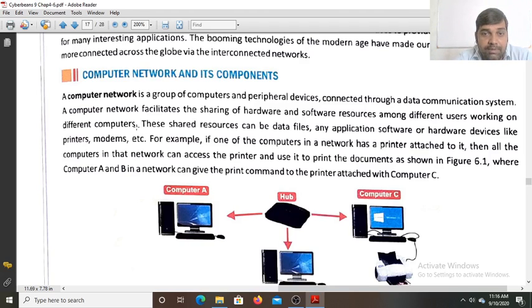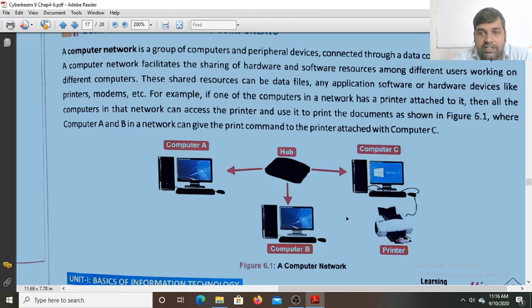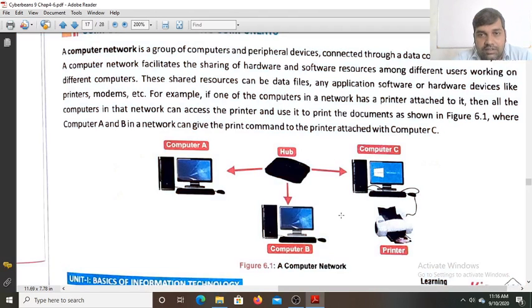So a network is capable of sharing hardware also. Suppose, as you can see here, three computers are connected with one hub, and one printer is also connected. So what is the advantage of this network? One printer can be used by these three computers A, B and C separately, but one by one.